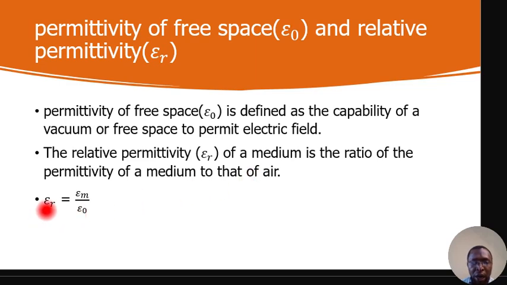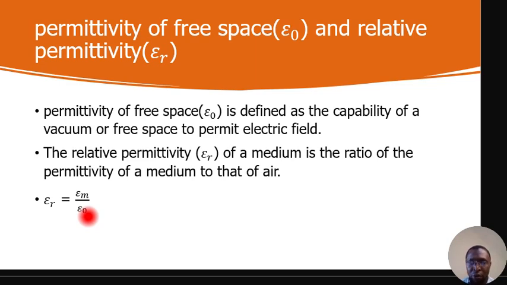In other words, relative permittivity epsilon r is equal to epsilon m over epsilon naught, where epsilon m represents permittivity of a medium and epsilon naught represents permittivity of free space or air. So by formula, relative permittivity equals epsilon m over epsilon naught. All these terminologies are important in understanding this concept of electric field.